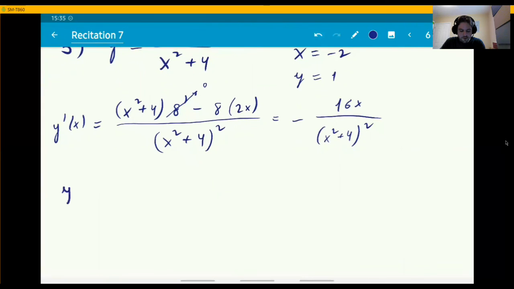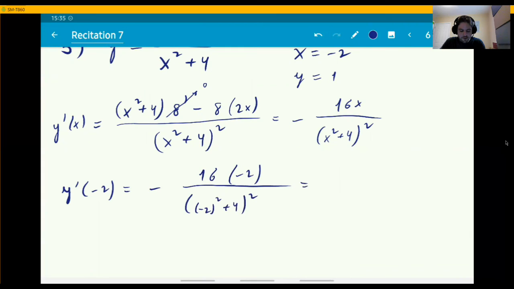So if you need y prime of negative 2, what is it? Well, negative 16 times negative 2 divided by negative 2 squared plus 4 squared. So at the top we have a plus 32. And at the bottom here you have 4 plus 4, that is 8 squared, which is 64. 32 over 64 is 1/2.